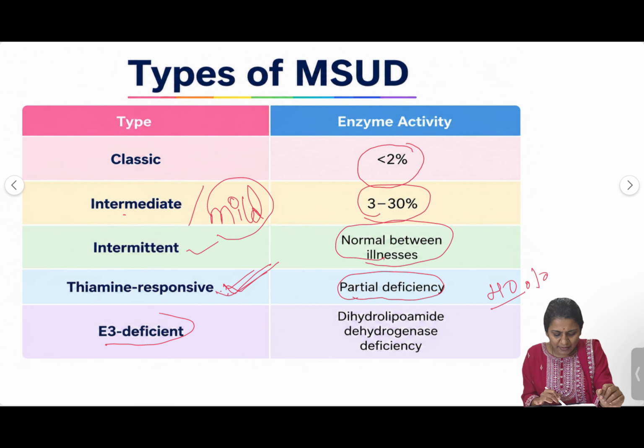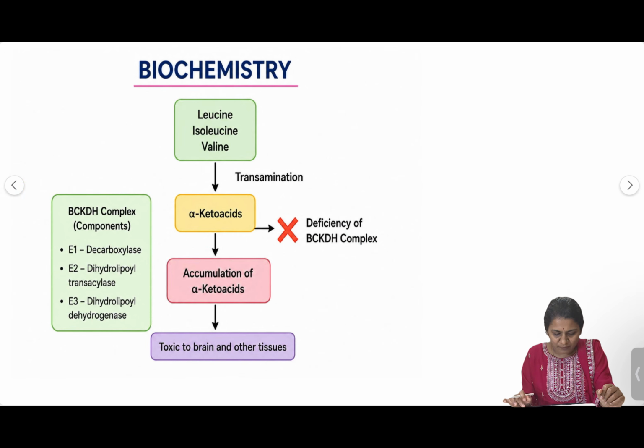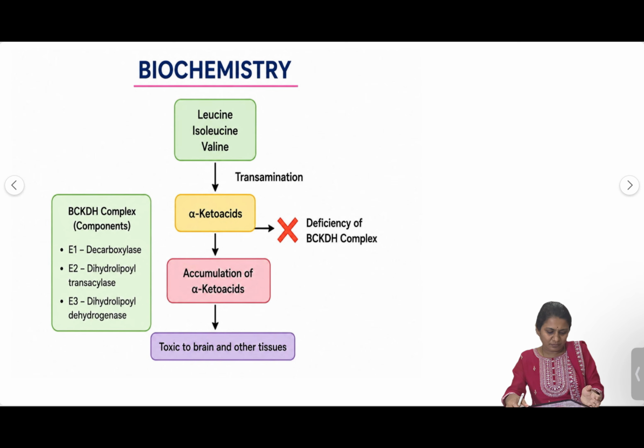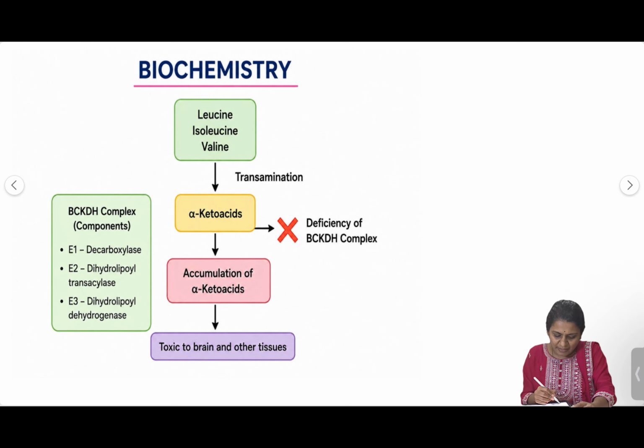Next, E3 deficient. I have told this enzyme has three components: E1, E2 and E3. E1 has two subtypes, alpha and beta.